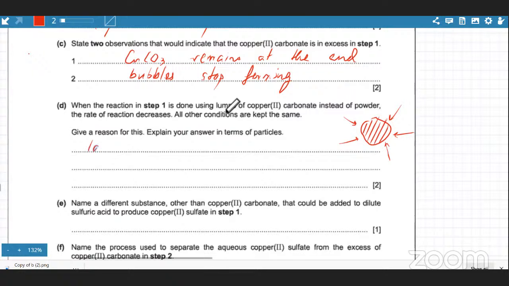Large lumps have a smaller surface area. The inner particles would not be able to react. So less frequent collisions happen.